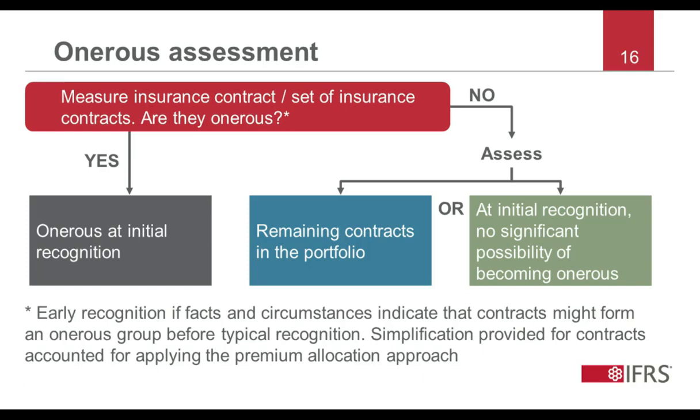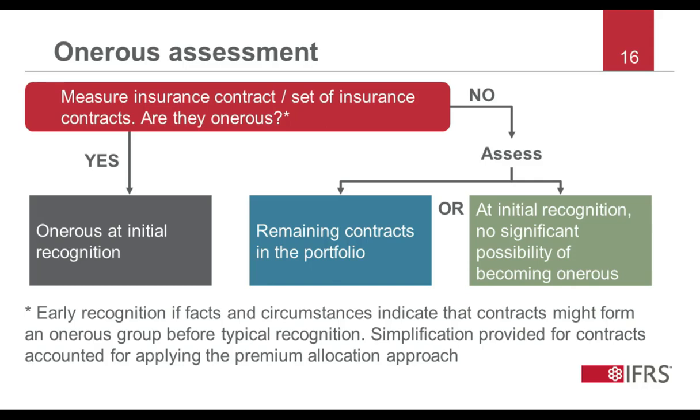On this slide, we will illustrate the assessment performed to determine the group to which a contract or a set of contracts belongs to. Firstly, the entity measures a contract or a set of contracts as permitted by IFRS 17.